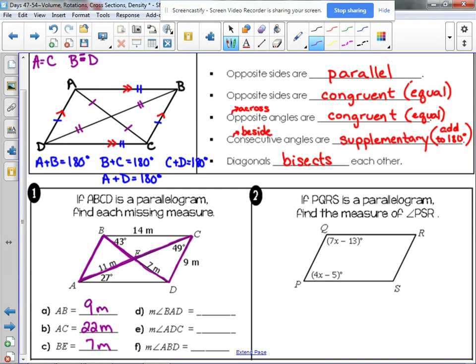Okay, let's talk about the angles there. Angle BAD. Here's what I highly suggest that you do. When you're trying to figure out these angles, start at the first letter, trace to the second letter, and then trace to the last letter. That will clearly highlight what angle we are talking about.